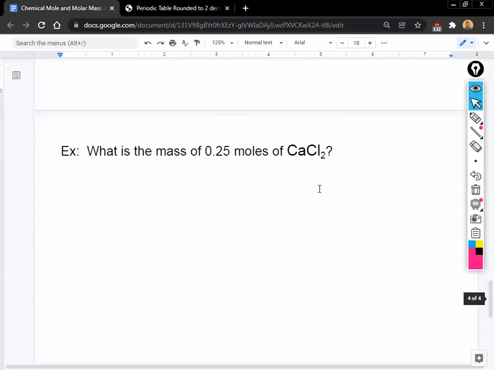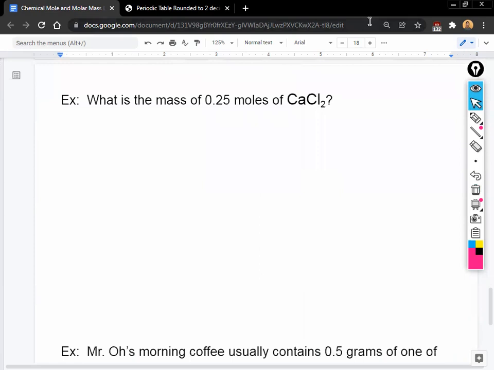Okay. What we're gonna do now is combine what we just learned with dimensional analysis. In dimensional analysis, we said we always want to figure out what the given is, what you start off with, and what you want to end up with. In this problem, it's asking us what is the mass of 0.25 moles of CaCl2. Now, the given is the starting number.